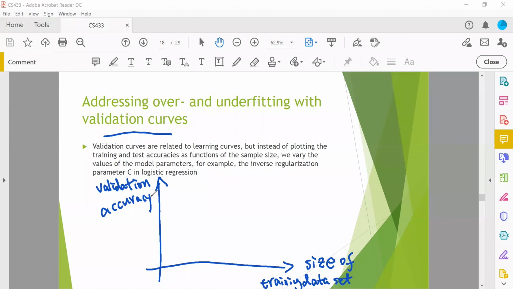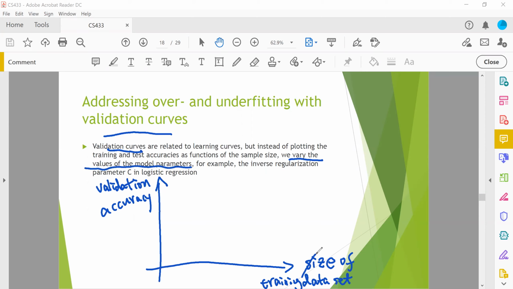We can also plot this curve, because the validation's goal is to help us select the best model. So in this case, we can verify the values of the model parameter.